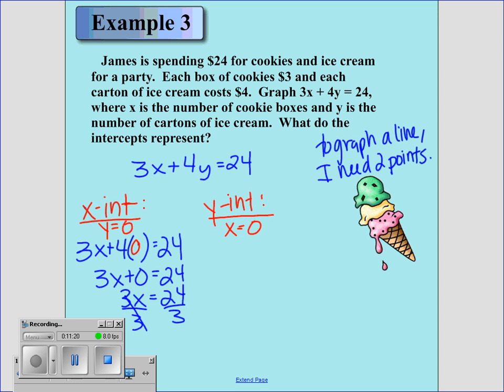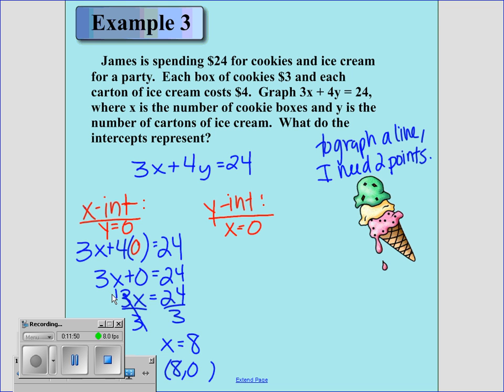So we're multiplying by 3, so we have to divide by 3. 24 divided by 3 is 8. So x equals 8. That will help us a little bit maybe when we're answering the question, what do the intercepts represent? But we also need to make sure that we write the coordinate down. X equals 8 when y equals what? 0. So our point is (8, 0).